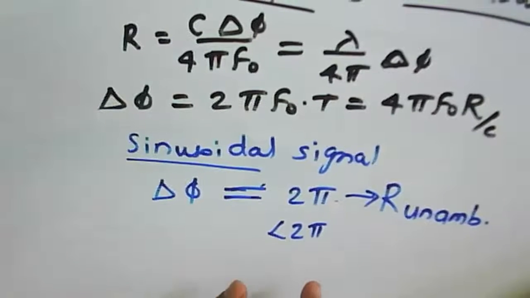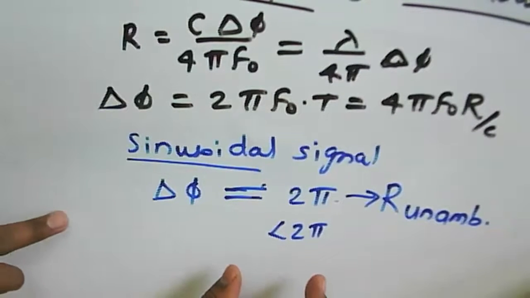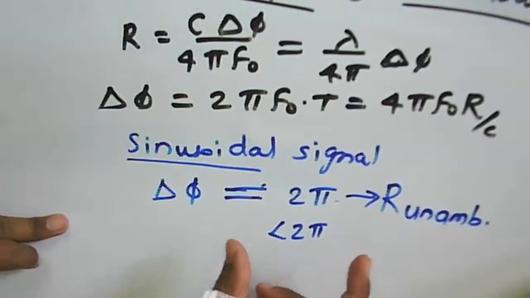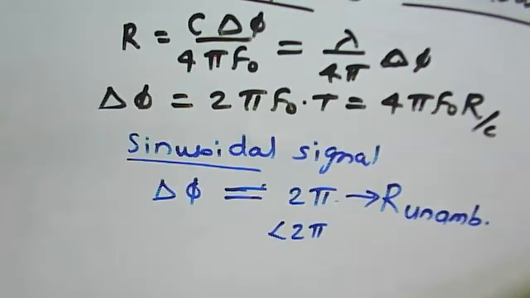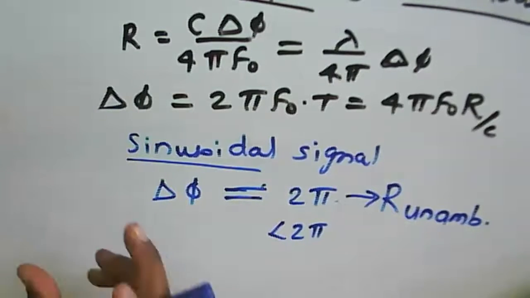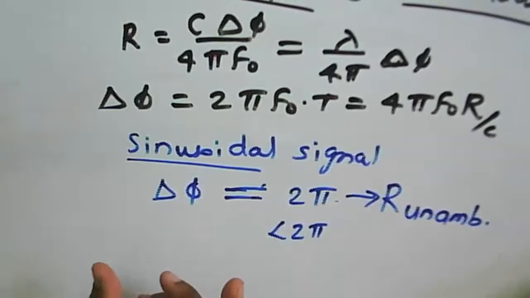In that case, we need to find out the change in the phase between the two particular signals, and based on that phase, we say the range of the radar is ambiguous or unambiguous. That ambiguity depends upon the phase difference between the transmitted signal and the echo signal.